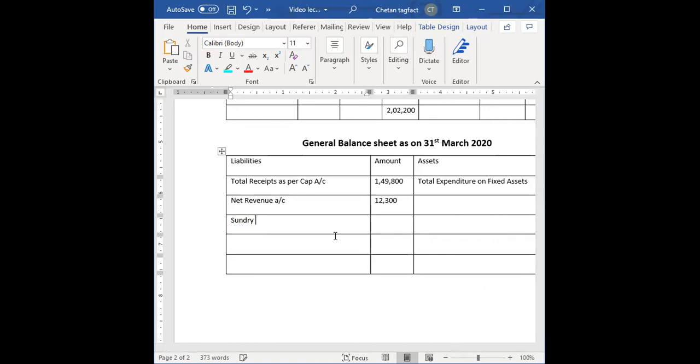How much do we have for sundry creditors? We have 200. And then we have depreciation fund account. This is said to be 50,000.